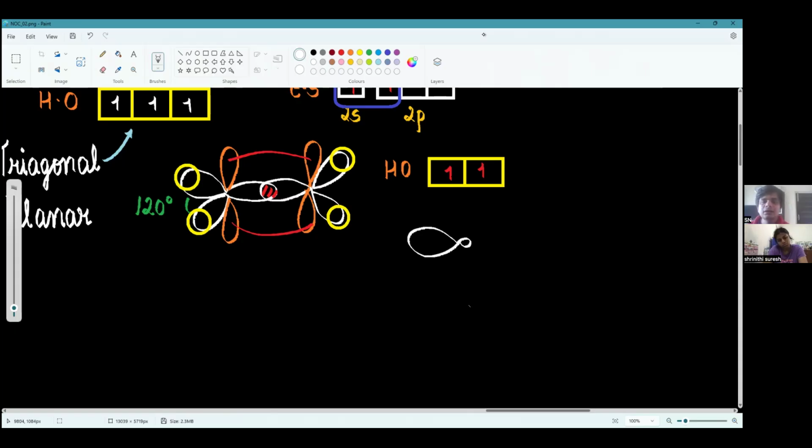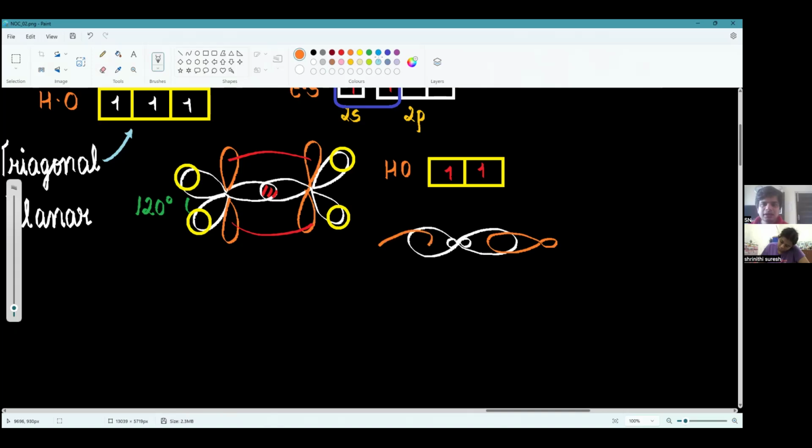Now similarly, the other hybrid orbital is like this, with the lobe which does not go for bond formation. And now you will have two chlorine atoms, and since chlorine is also a p block element, it will bring a p orbital. So this lobe will be expanded and this will be squeezed up.